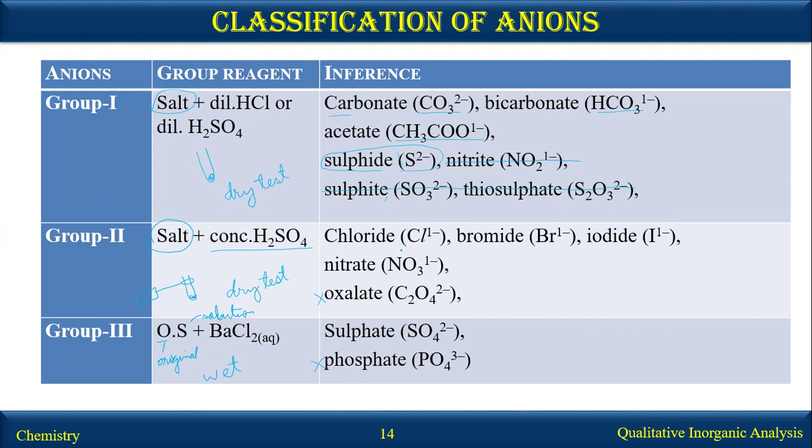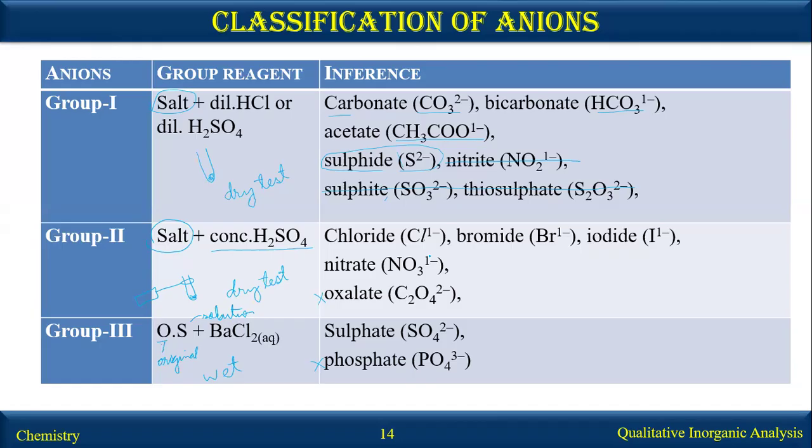Every ion gives its characteristic observation. If the observation is a little bit mixed for two anions, then we have some other test to distinguish them that we will see individually for every salt.